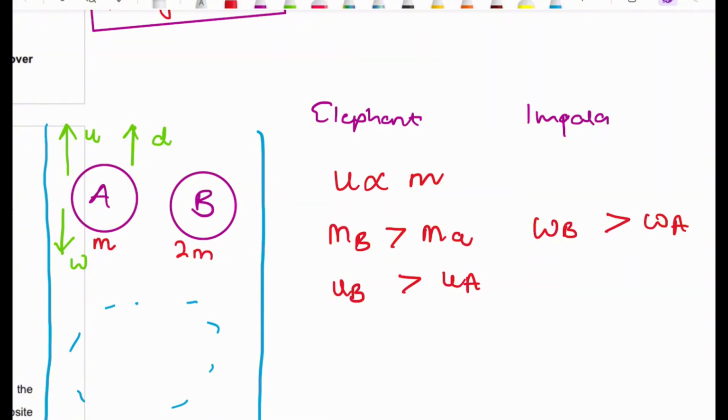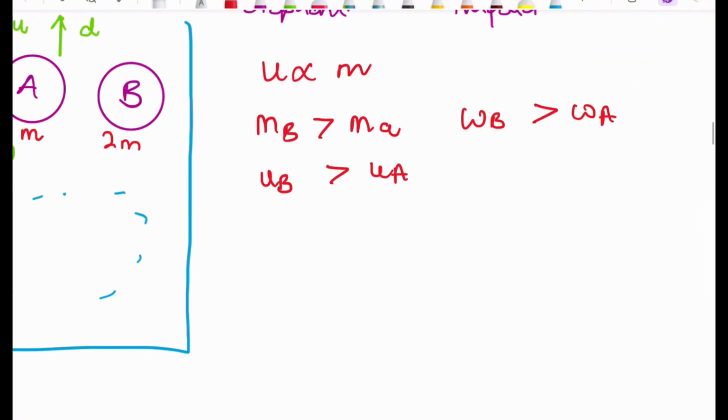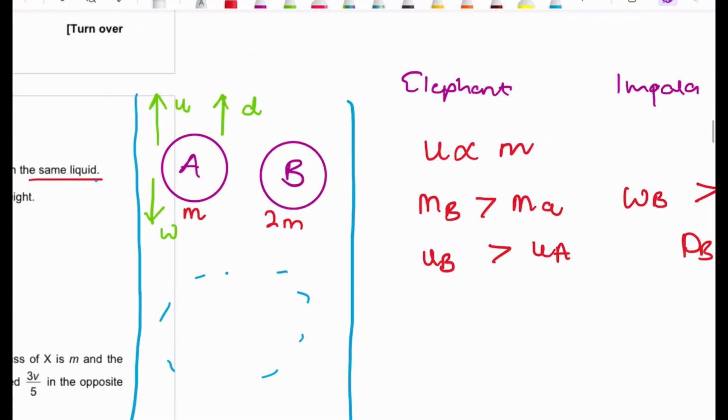So for all of these forces to remain balanced, the drag force acting upwards has to increase. So the drag force that acts on B has to be greater than the drag force that is acting on A. Since the upthrust of body B is going to be greater, it's going to displace a larger volume of water, but the weight is also going to be greater, because it's 2M, twice the weight.